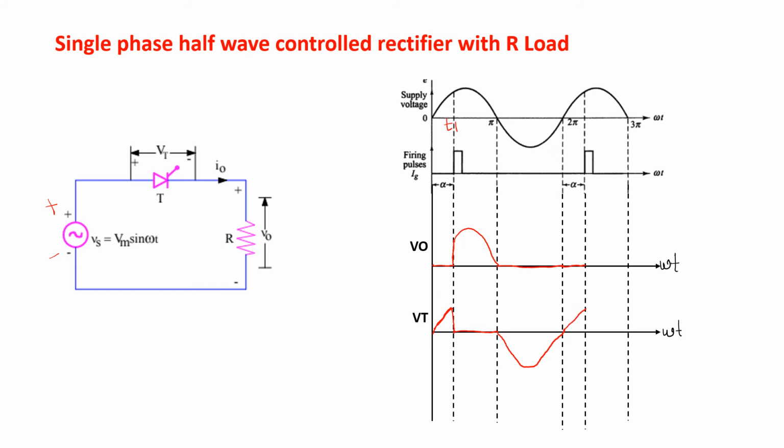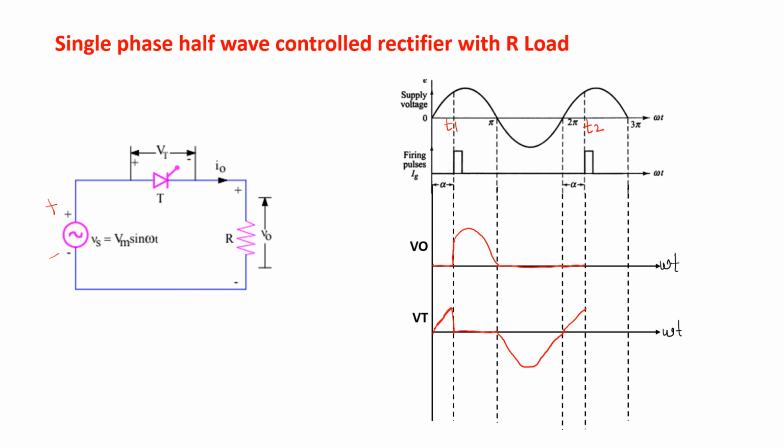Suppose at instant T2 we again apply the gate pulse to the SCR. The SCR now shifts from the forward blocking mode to the forward conduction mode, meaning it starts to conduct and acts as a closed switch.